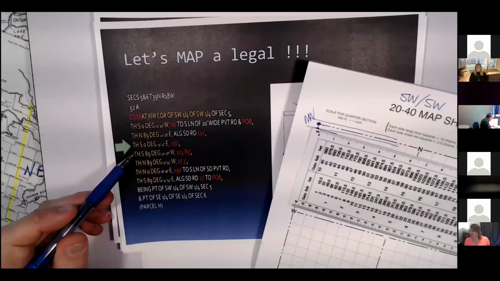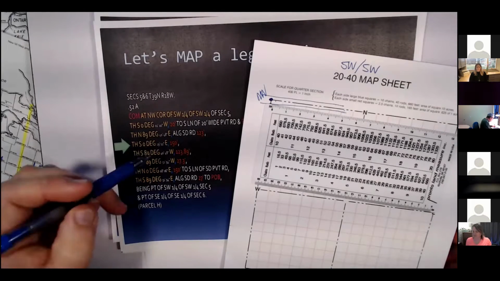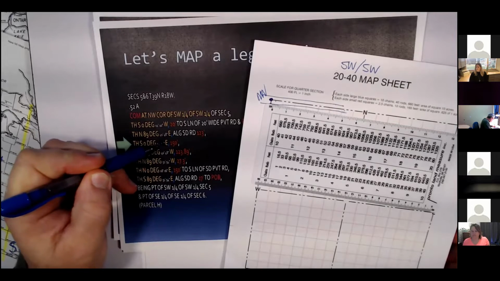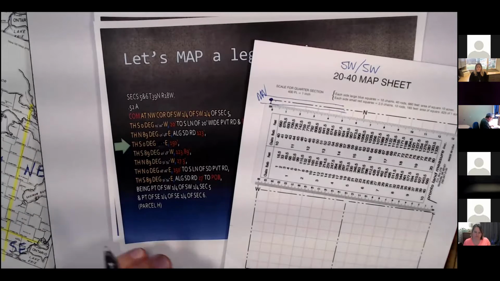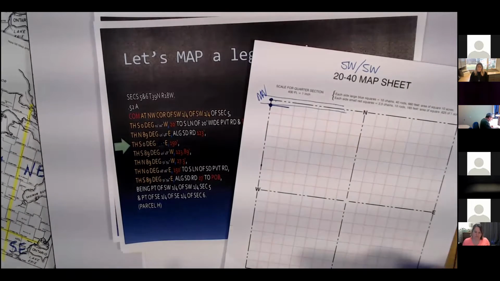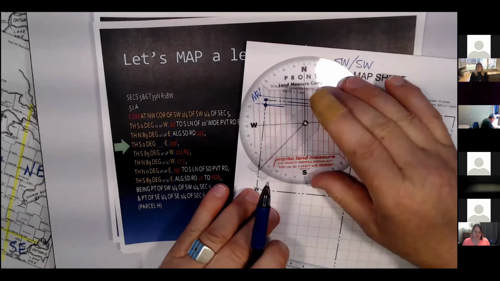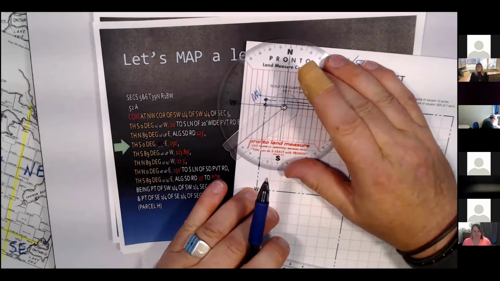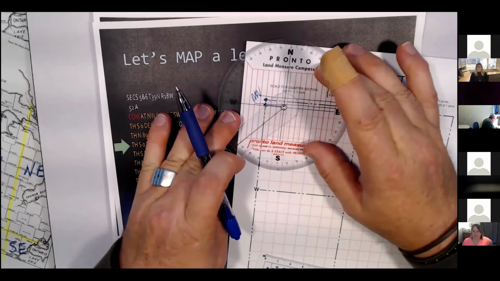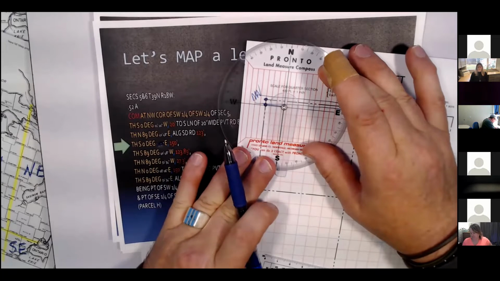The next line, here we are again, south 0 degrees. We've got a little bit of noise in there for minutes and seconds. We're not going to worry about it. That's essentially telling us that we're going south 0 degrees. We've got everything lined up again here. There's our south.